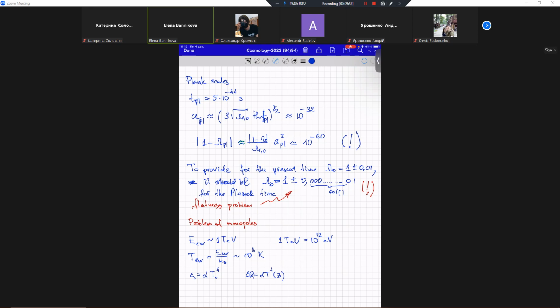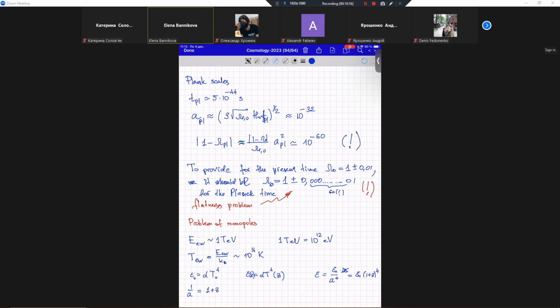So if we compare these two, we know from our previous calculations that the energy density, this is energy density epsilon 0, and since we have a relation between scale factor and redshift, we can write that it will be epsilon 0 times (1 plus z) to the fourth.